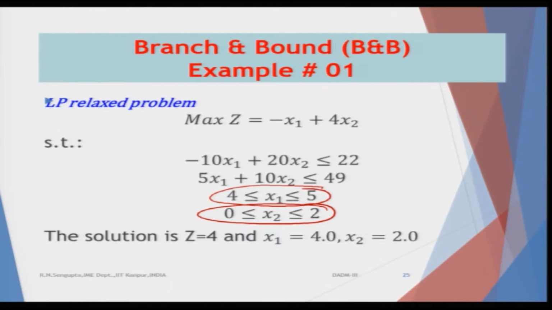This is a simple linear programming problem. Use the tableau method, solve it using the simplex method, and the solution now comes to be z equal to 4, x1 is 4 and x2 is 2.